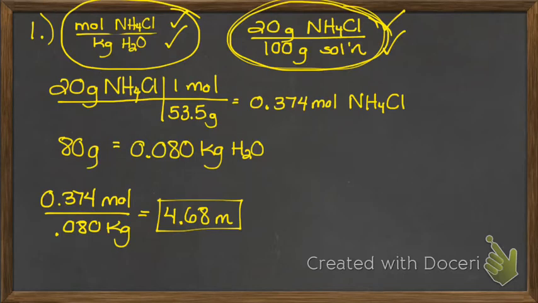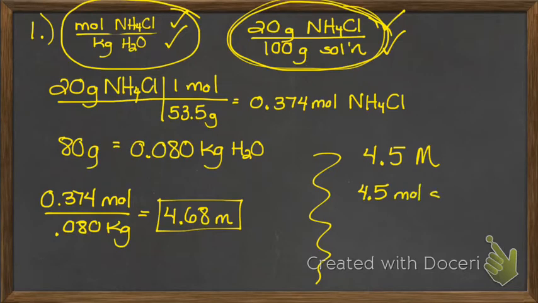Let's say I was given a problem with a molarity that I'm supposed to change into something else. Let's say the problem said the solution was 4.5 molar. Don't leave it written like that. Write it as a fraction.